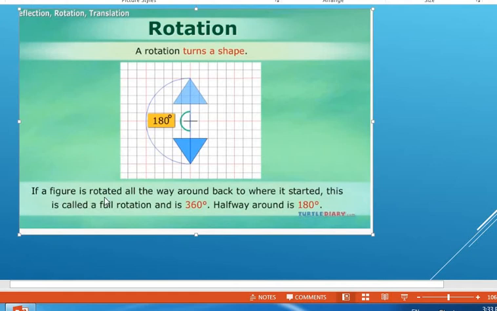If a figure is rotated all the way around back to where it started, this is called a full rotation, 360. If halfway, it will be 180.